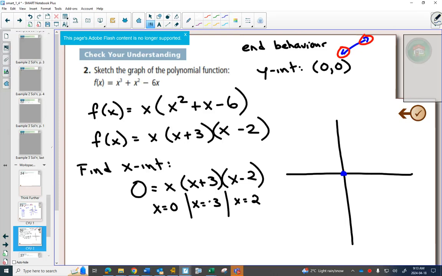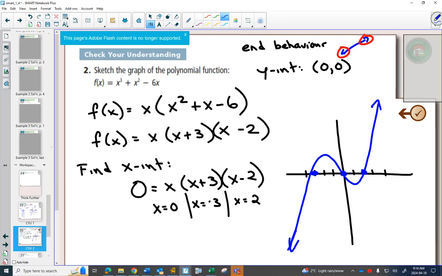We just added the fact that we know this point and this point as well. So if my end behavior starts down here and ends up here, and I draw a smooth curve between those points, this is the expectation in grade 12 for graphing.